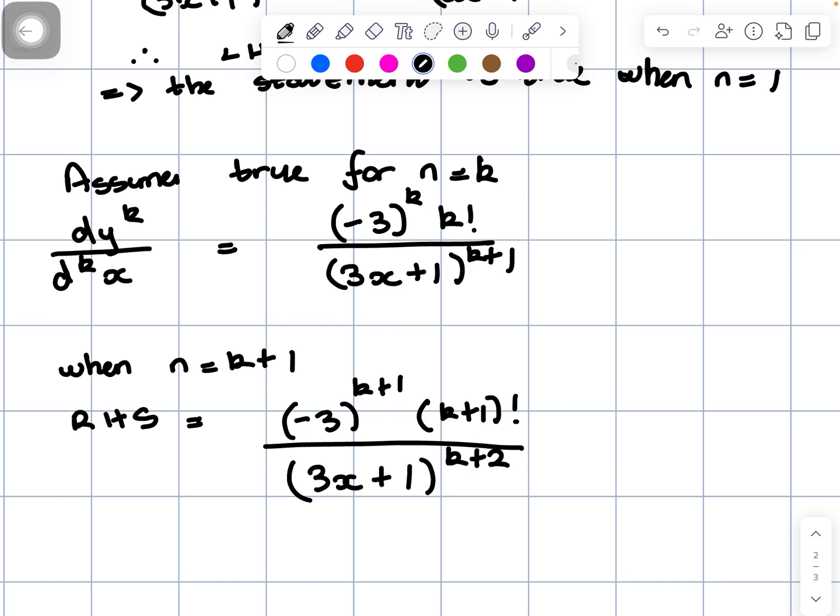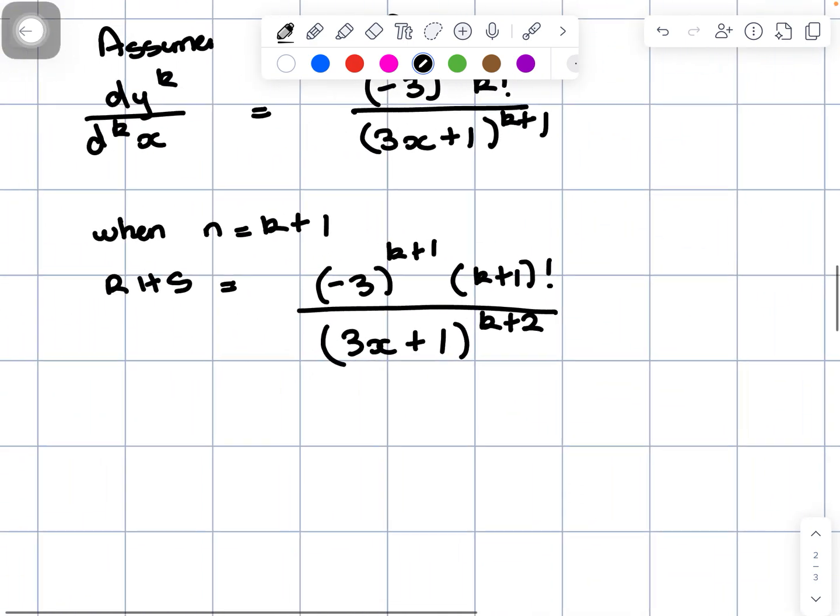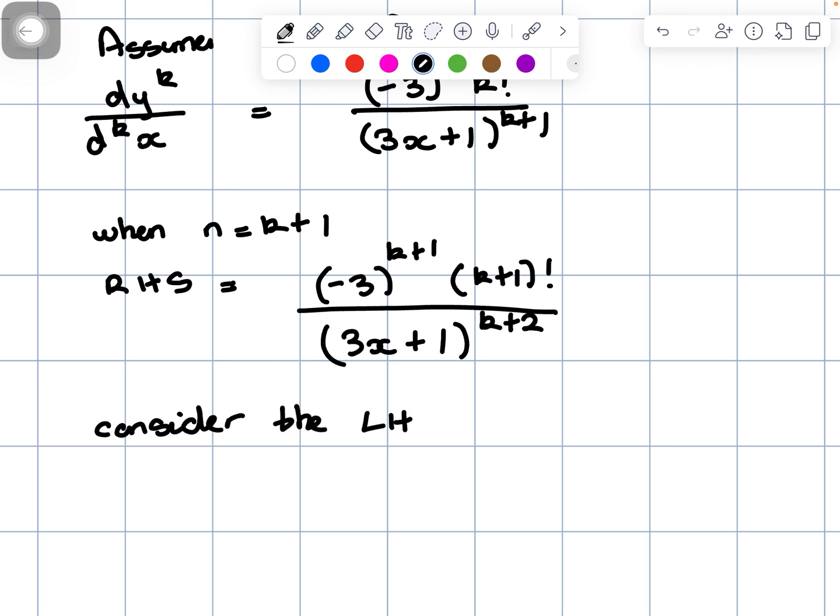Next, we want to prove that this statement is also true when n is k plus 1 on the left hand side. So consider the left hand side. In the left hand side we have d^(k+1) y over dx^(k+1).